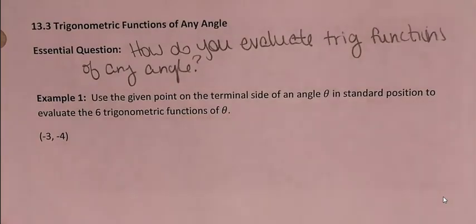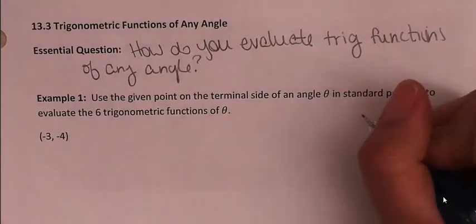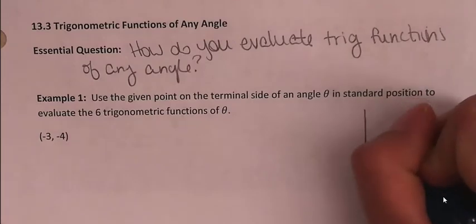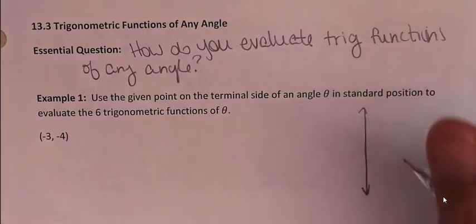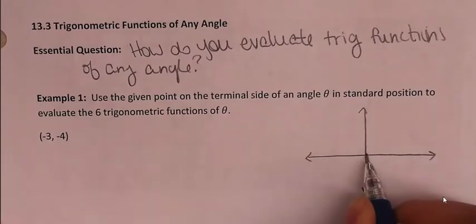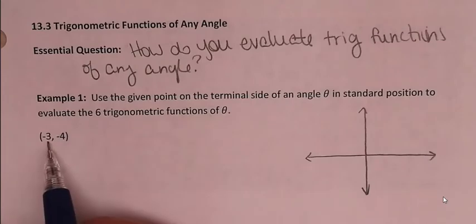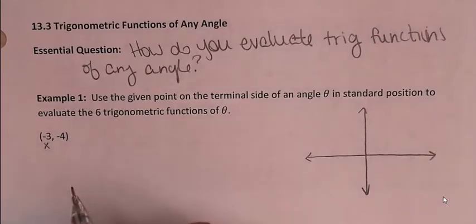Okay, so I recommend drawing this out. Standard position means that we're talking about the coordinate plane, an angle that is basically on this origin. We're thinking about the x value being -3 and the y value being -4.